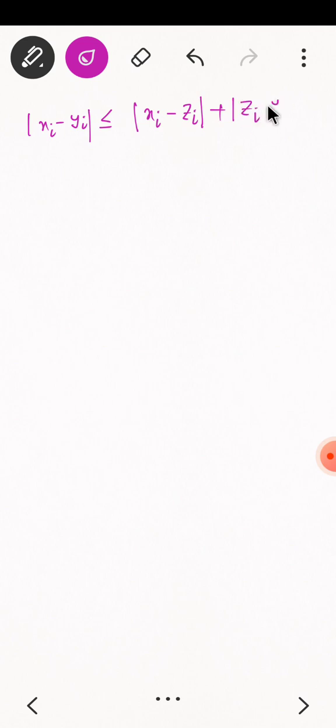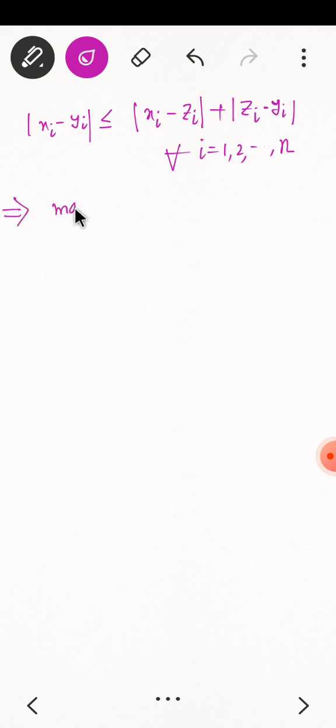So we have mod of xi minus yi is less equal to mod of xi minus zi plus mod of zi minus yi for all i equal to 1 to n. So if we take the maximum on both sides, the inequality also holds.